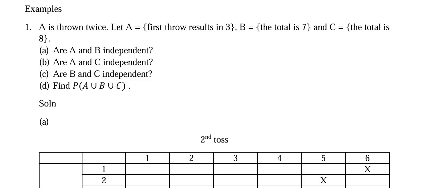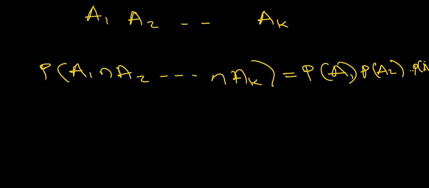So we roll a die. This is a die that we're dealing with. So we throw it twice.